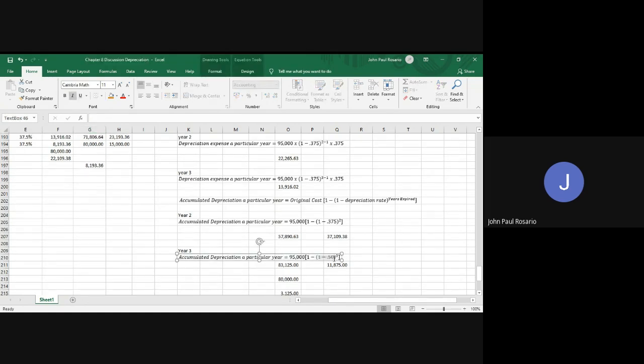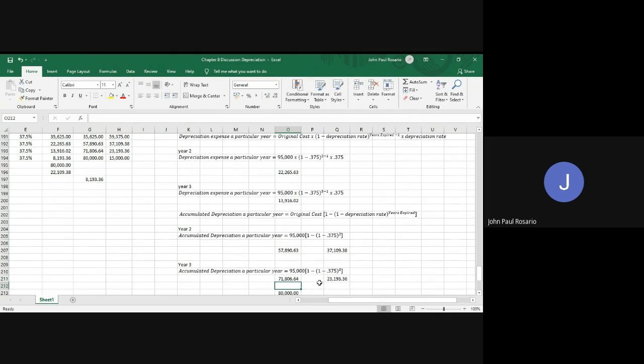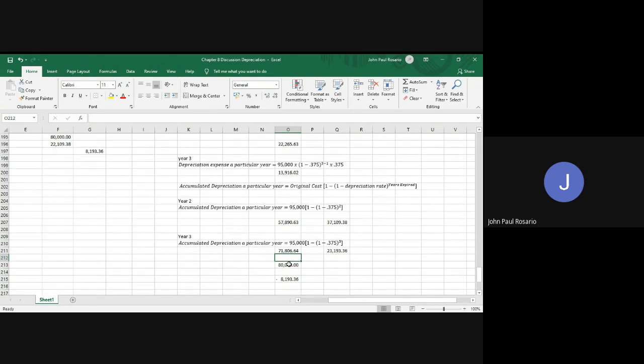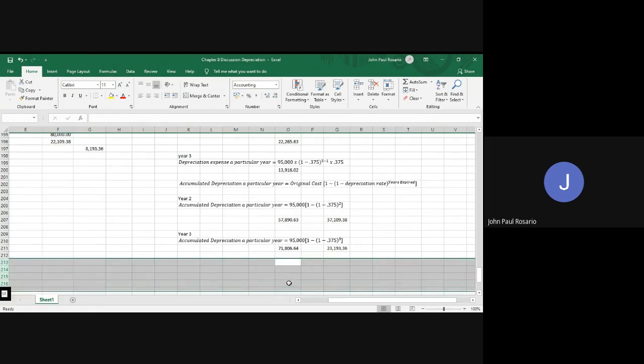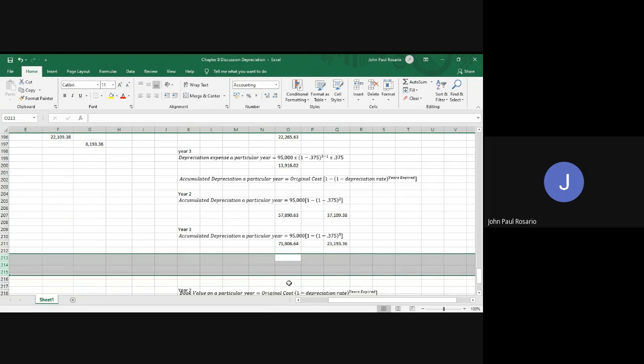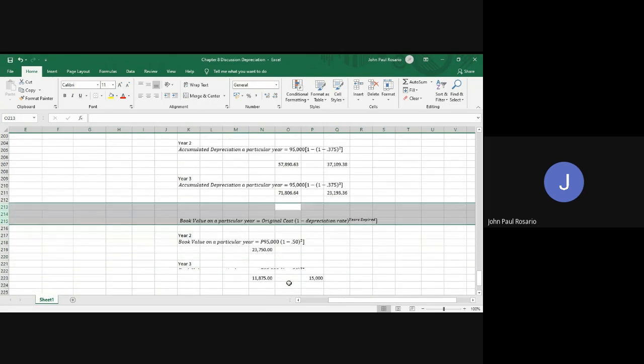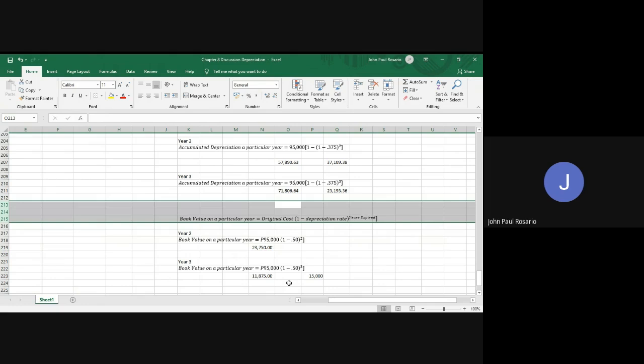Accumulated depreciation in year 3, that's 37.5. Let me edit it here. That's 71,080.64 and 23,196.36. And then for our book value in a particular year, this is 37.5 as well.